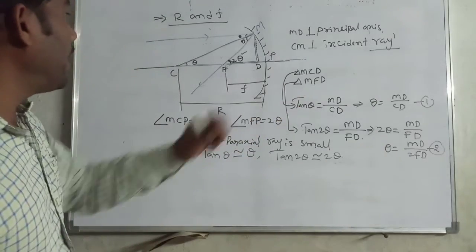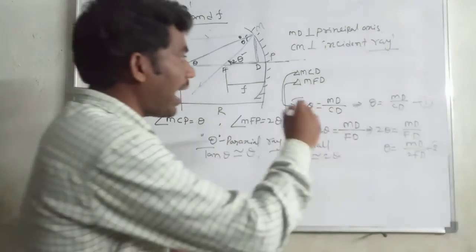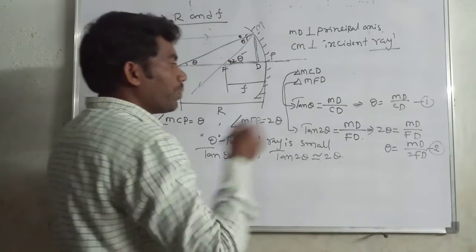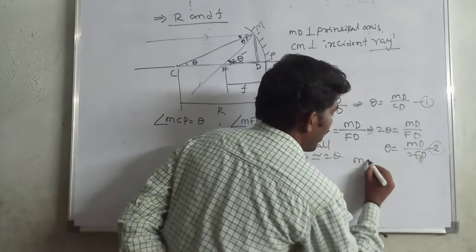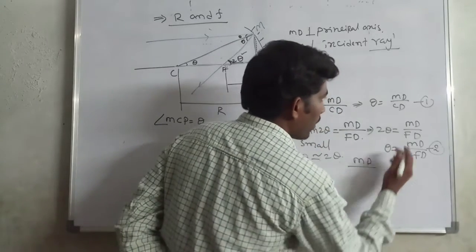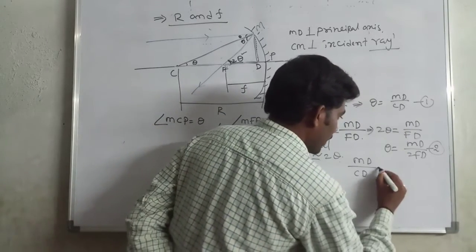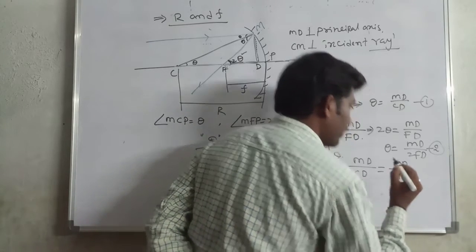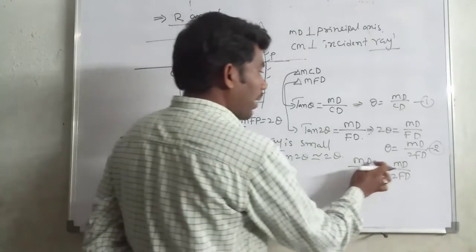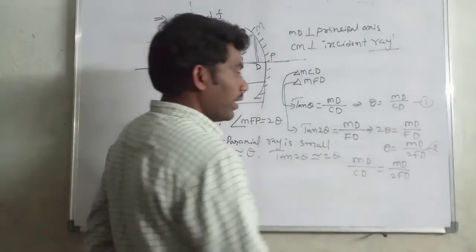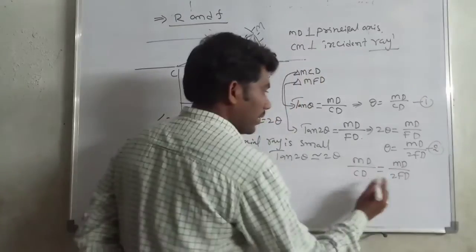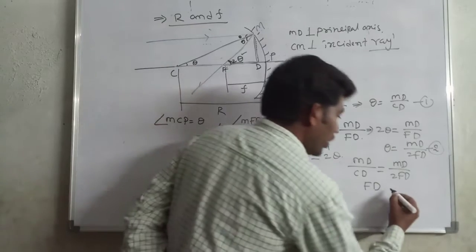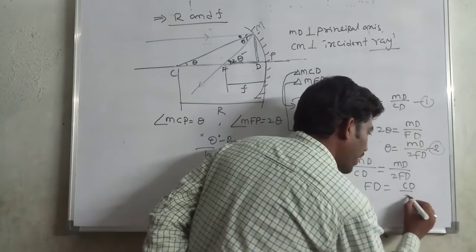See clearly from equations 1 and 2, MD by CD and MD by 2FD. What will happen? MD cancels. Then from this equation, FD equals CD by 2.